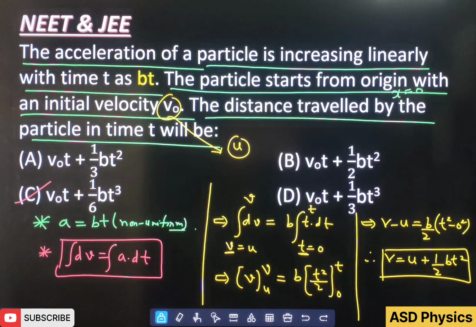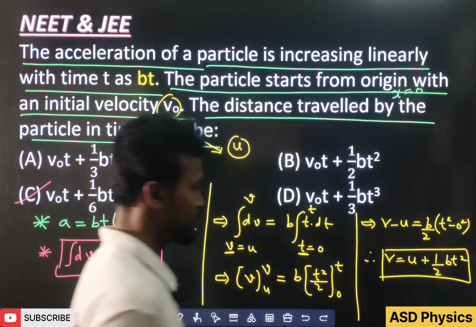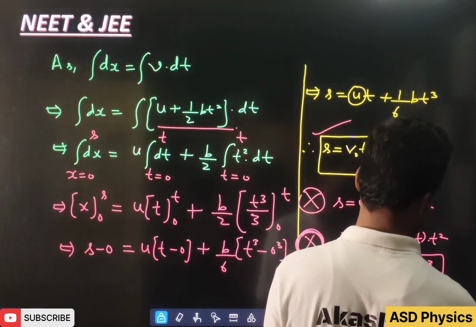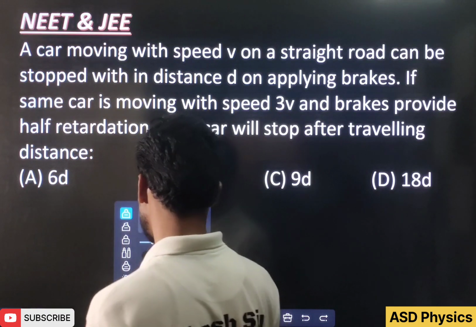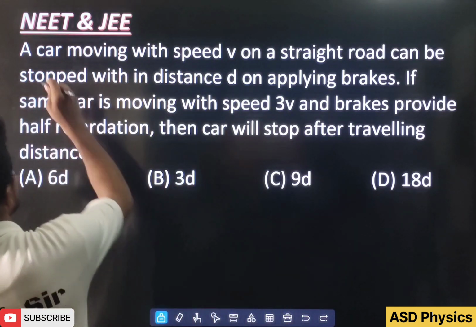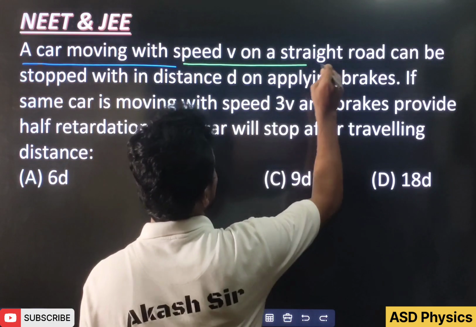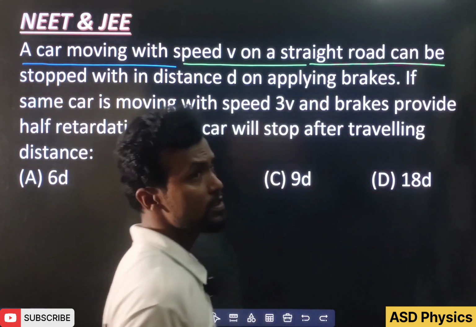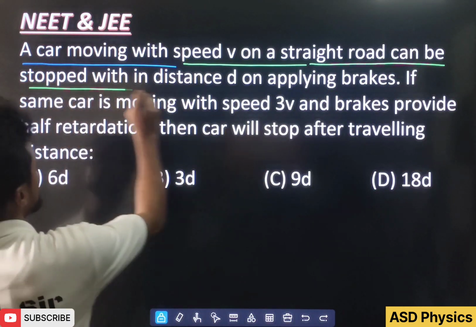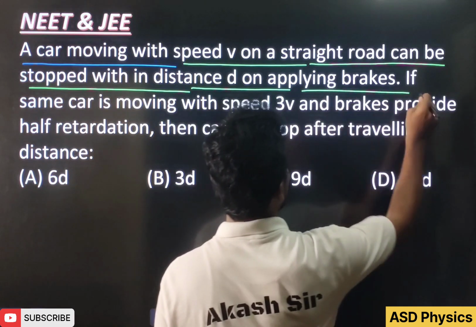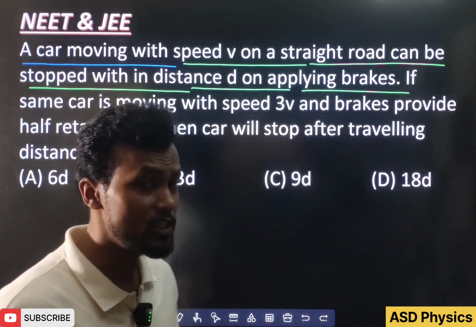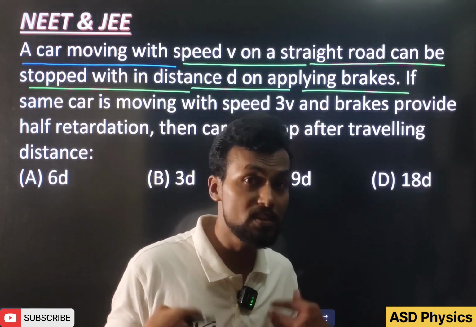Now, very basic, this one we have done. Now let's see this question. A car moving with speed v on a straight road can be stopped within distance d on applying brakes. Applying brakes means velocity and acceleration are in opposite directions.